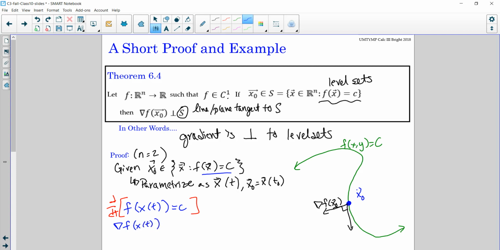I think I'm forgetting vector arrows here. Let's do vector arrows on x. And then I have that dotted with vector x prime of t is equal to 0. So that means the gradient vector is perpendicular to the derivative vector. Okay, so that's what this vector should be here.